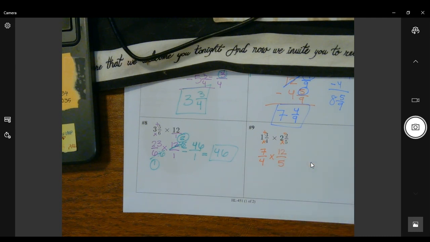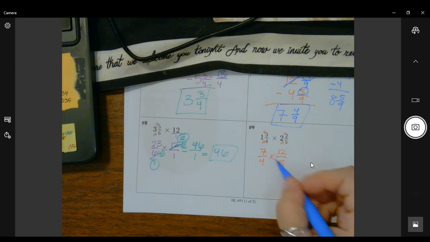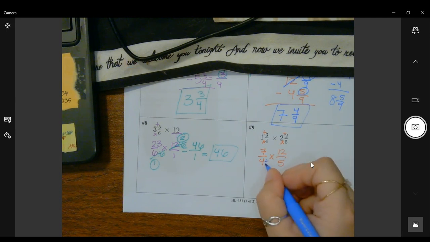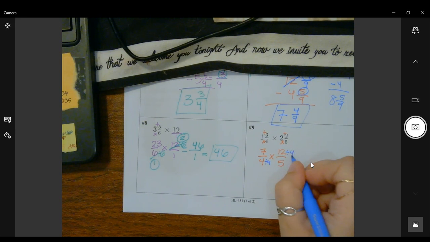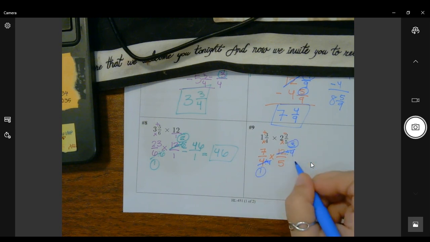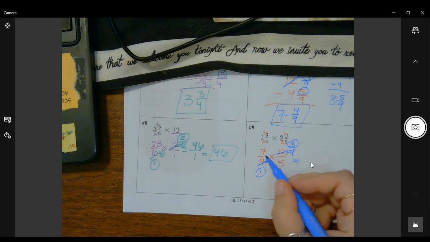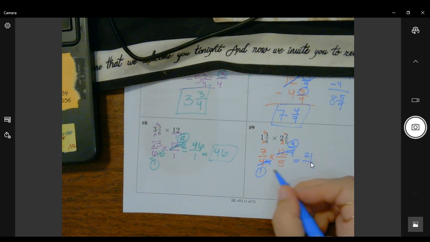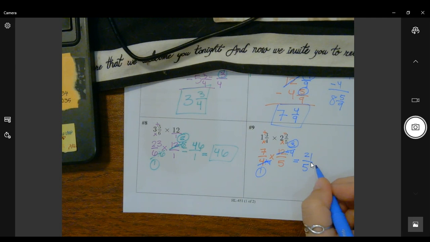Okay, I can already jump straight into cross-canceling. And I can't cross-cancel these guys, but these ones, what can go into 4 and 12? That's right, 4 can. 12 divided by 4 is 3, and 4 divided by 4 is 1. When you multiply across, you have 7 times 3 is 21, and 1 times 5 is 5.